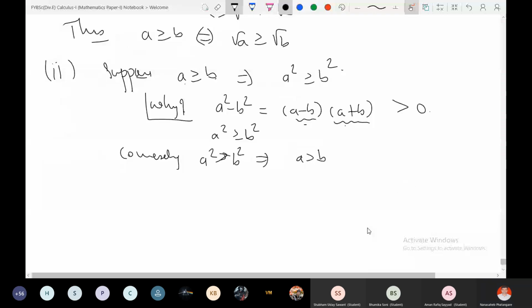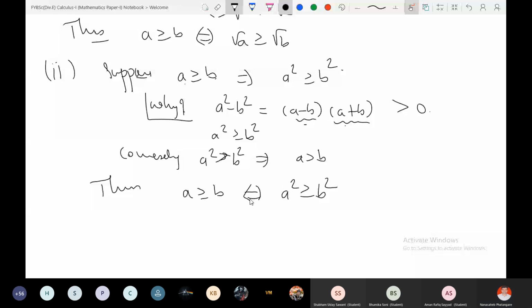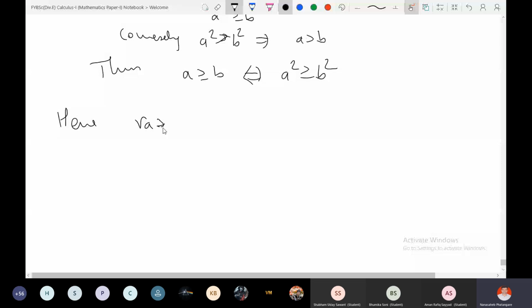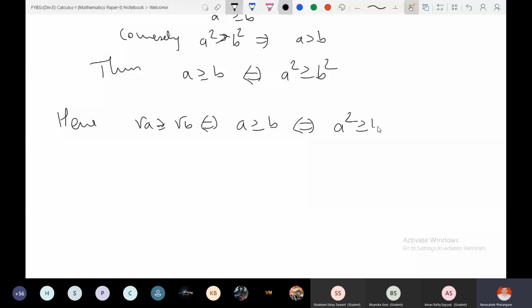So thus, a is greater than or equal to b if and only if a square is greater than or equal to b square. And if we combine the first and second parts, root a is greater than or equal to root b if and only if a is greater than or equal to b if and only if a square is greater than or equal to b square, for a and b positive, not negative.